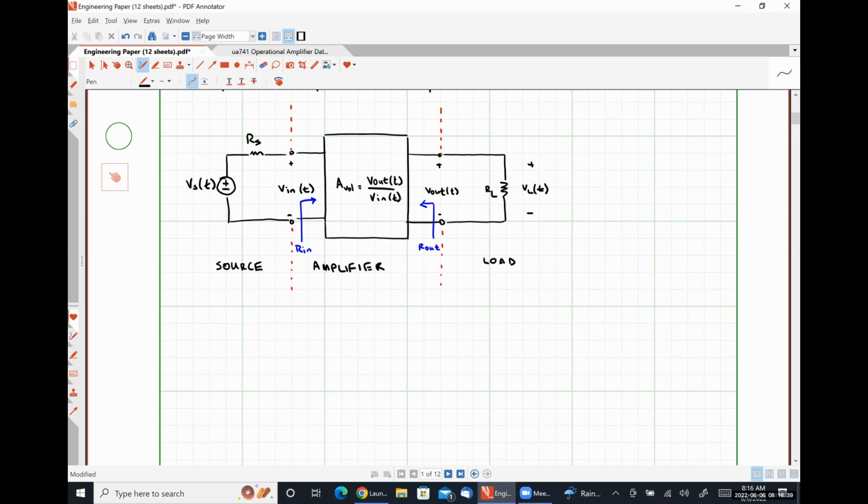It's these three parameters, R in, R out, and AVOL, that define the behavior of any voltage amplifier.